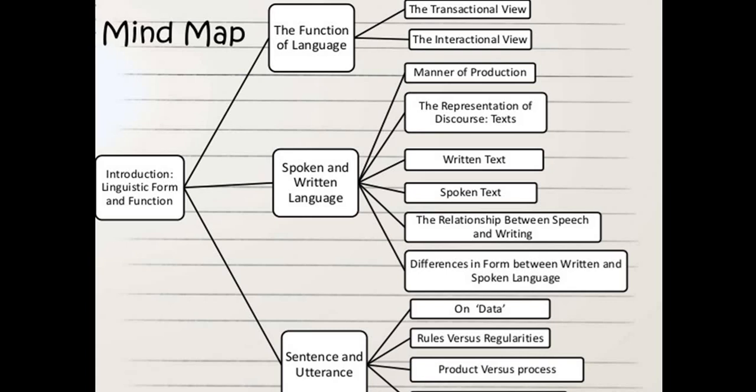The third branch of linguistic form and function is sentence and utterance, on data, rules versus regularities, product versus process, and on context. Now we'll see what form and function are.